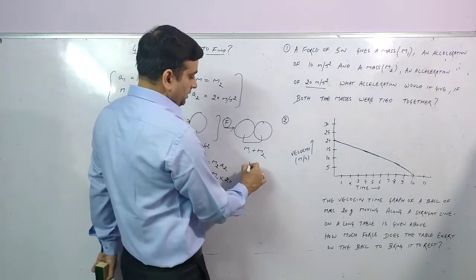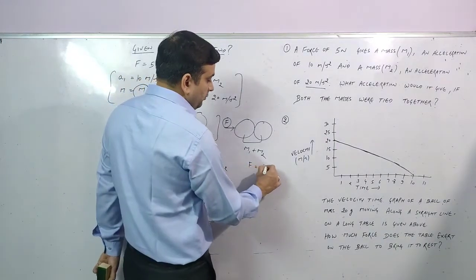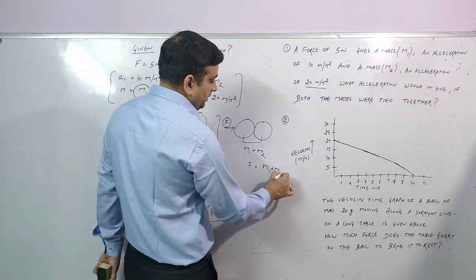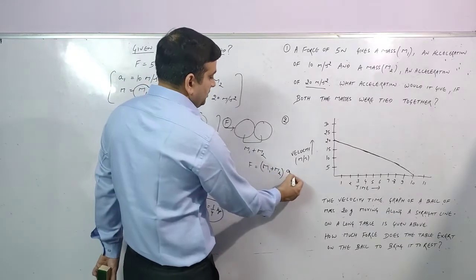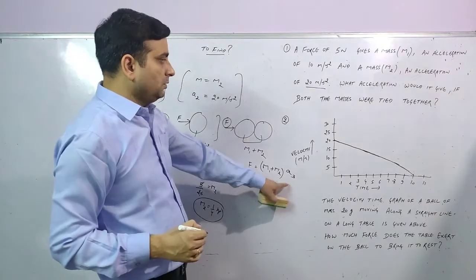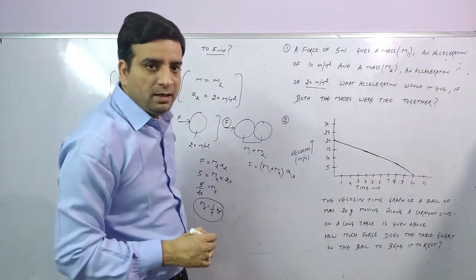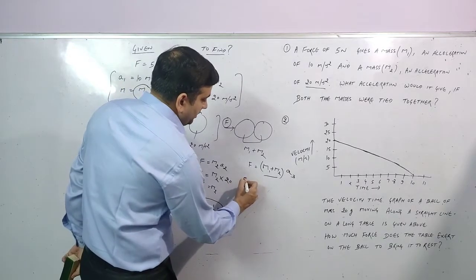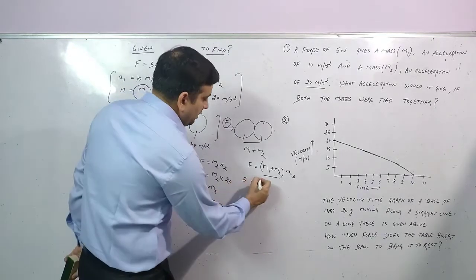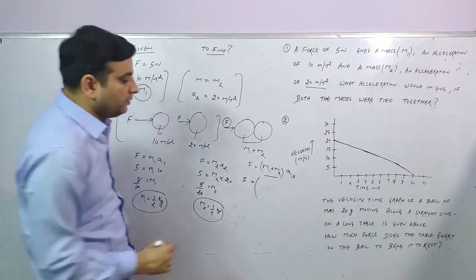Now in the third case, the same amount of force, 5 Newton, is applied, but the new condition is that we have to take the total mass. That is the third case. In this, we have to calculate the acceleration when they are tied together. Tied together means total mass. So F is the same, 5 Newton. Total mass: the value of m1 is 1 by 2, m2 is 1 by 4.